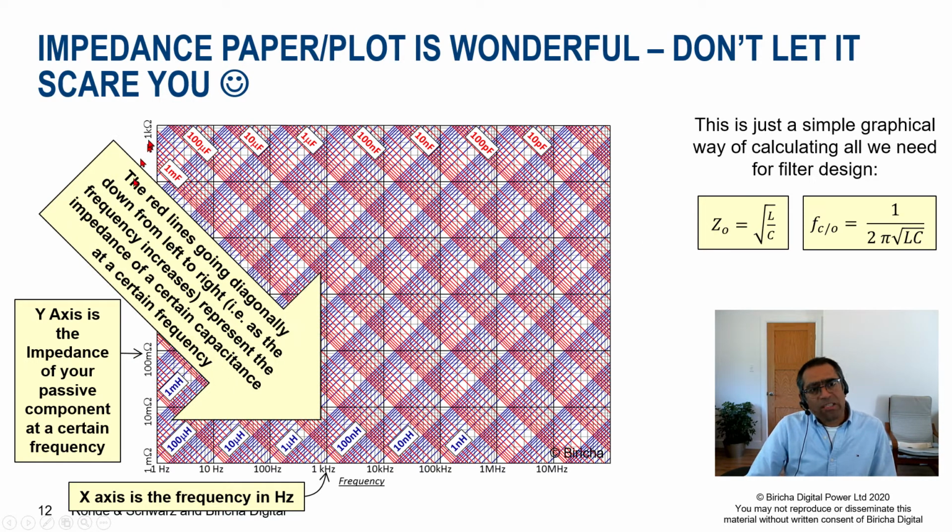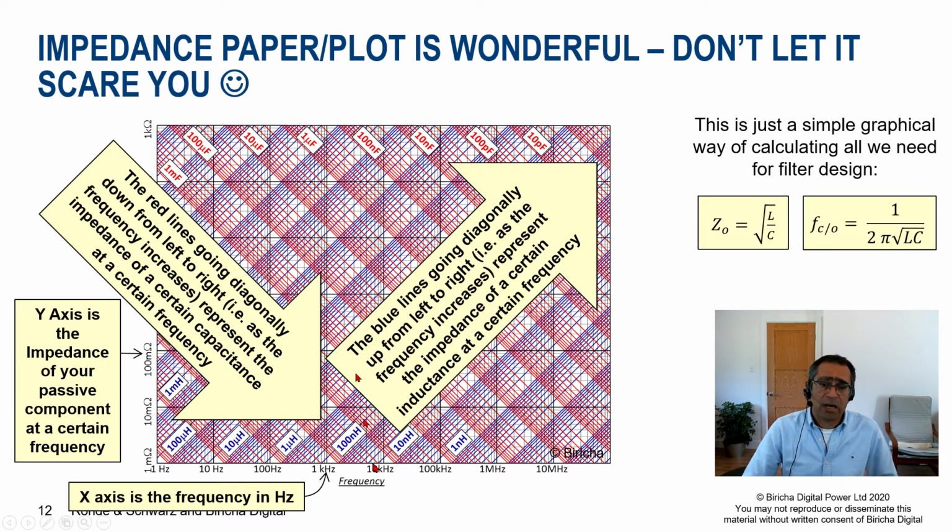Then all the diagonal lines going down this way are the capacitances and how their impedance changes with frequency. So this is, let's say, the line for a 100 microfarad capacitor. You can see that as the frequency goes up, this line is going down, which if you read it off this axis means that the impedance is going down. And of course, that is what you expect from a capacitor.